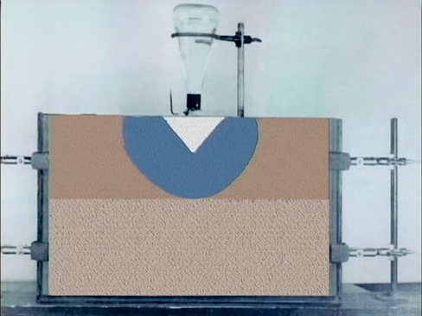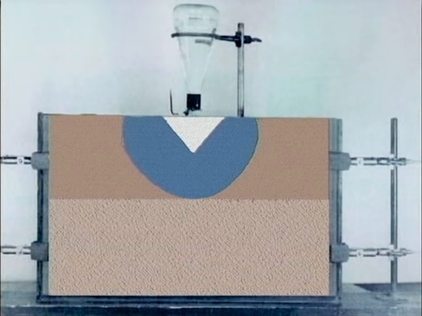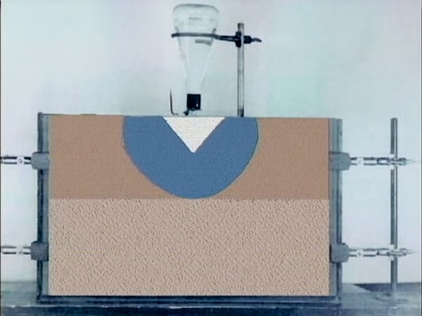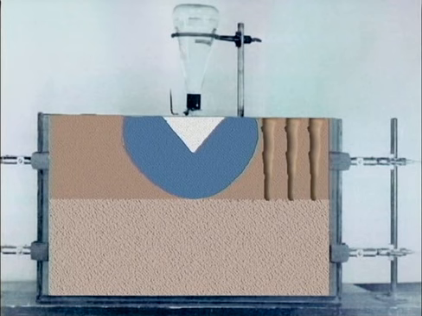One of the ways in which we could mulch is called vertical mulching. Vertical mulching is basically taking residue or material that would be up here on the surface of the soil, creating vertical channels in the surface of the soil and incorporating that mulch, straw, residue type material into those channels.